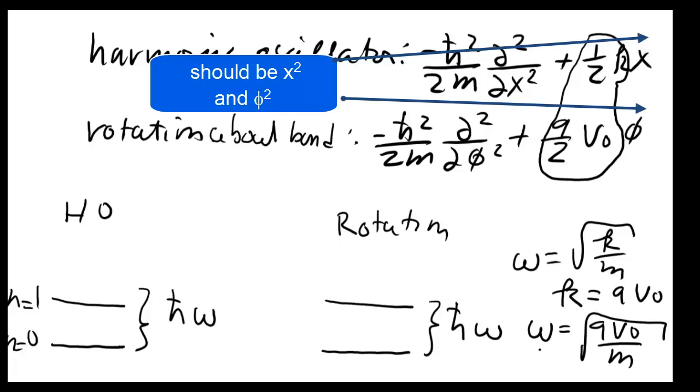So it's exactly the same thing, except now we've used something different for omega for the rotation because of this equality of the Schrodinger equation. If we replace omega by the square root of 9V0 over m, where m is the mass that's rotating about that bond, then we get an energy level spacing like that. Taylor series is our friend.